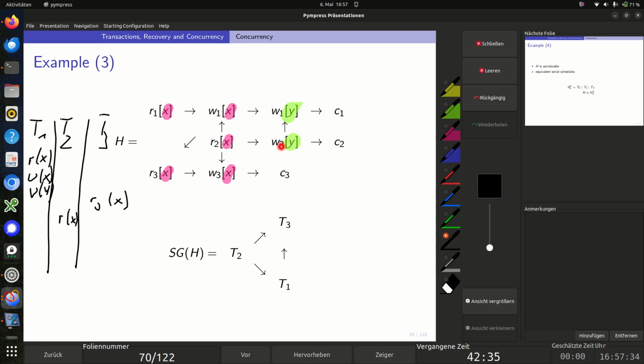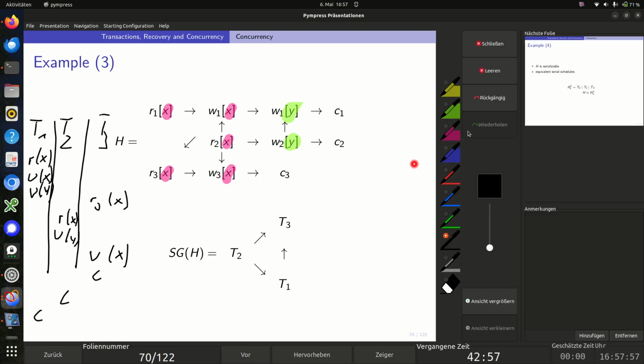And what could come next? The write would come next. And then the write of x again would come next. And then we could have the commit, here the commit, here the commit, doesn't matter in which order. Okay. So what are the conflicts? So we see that the read of transaction 1 must come before transaction 2.